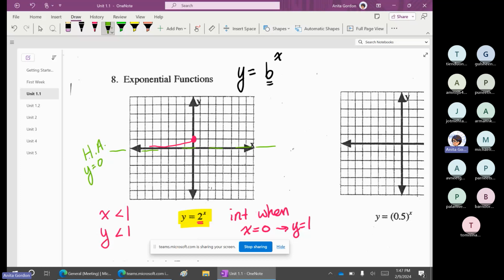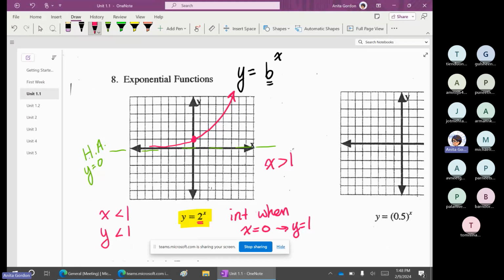Okay, so now what happens as x gets large? You have exponential growth. So as x gets greater than 1, we end up with essentially something that's going off into infinity. Comfortable with this?